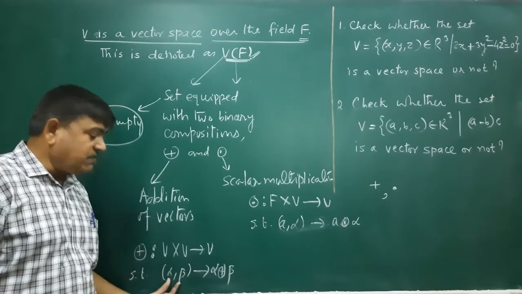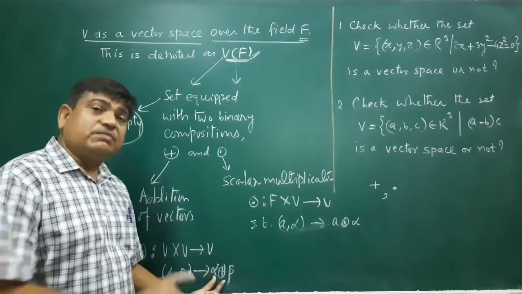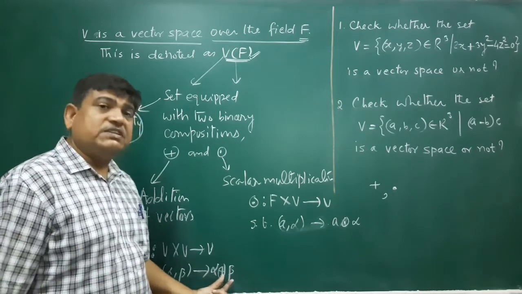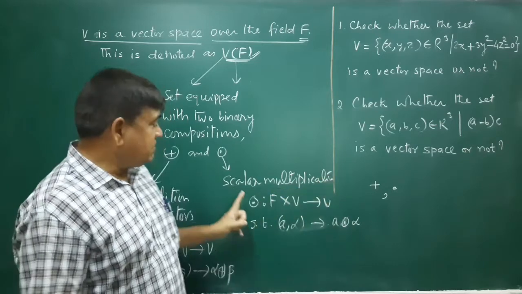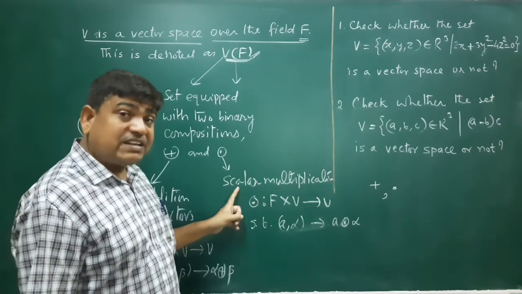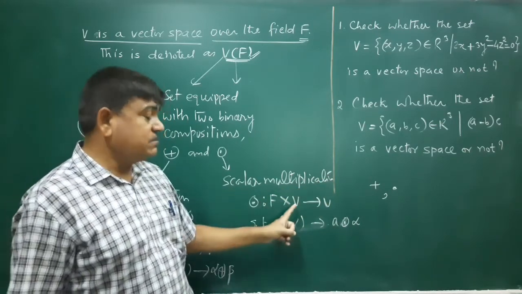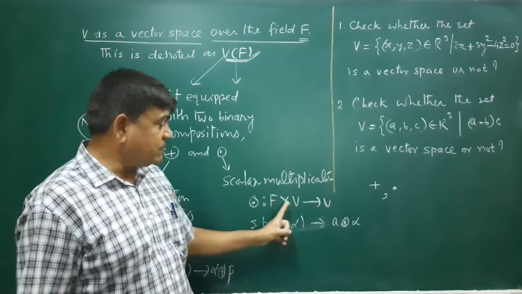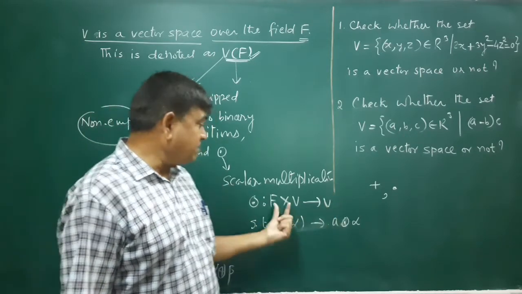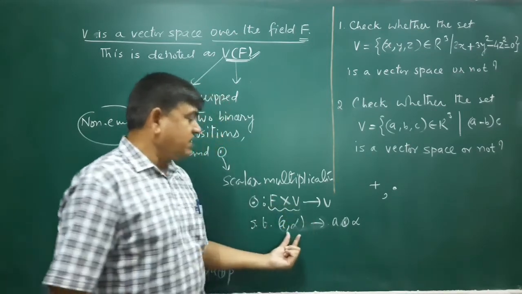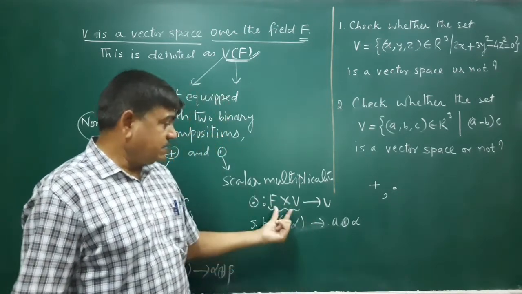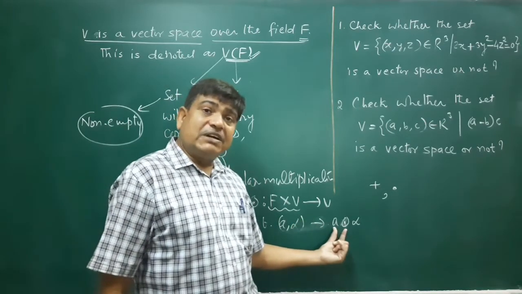So the image of alpha comma beta will be the sum of these two elements. It is alpha plus beta.